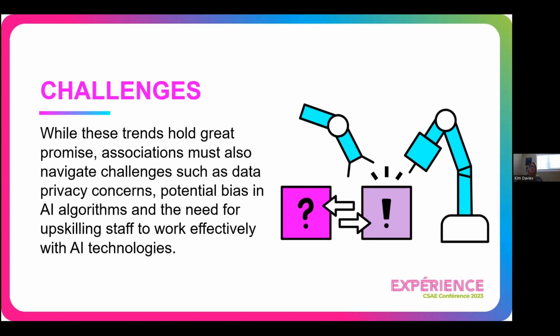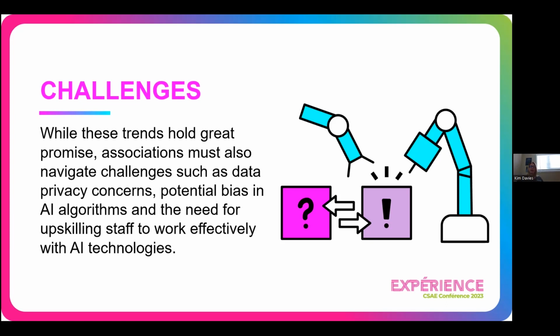And then staff training and adoption. This is a challenge that you may face in terms of lack of knowledge or understanding. The best thing you can do is invest in training your staff and the development of programs so that you can build proficiency in AI.